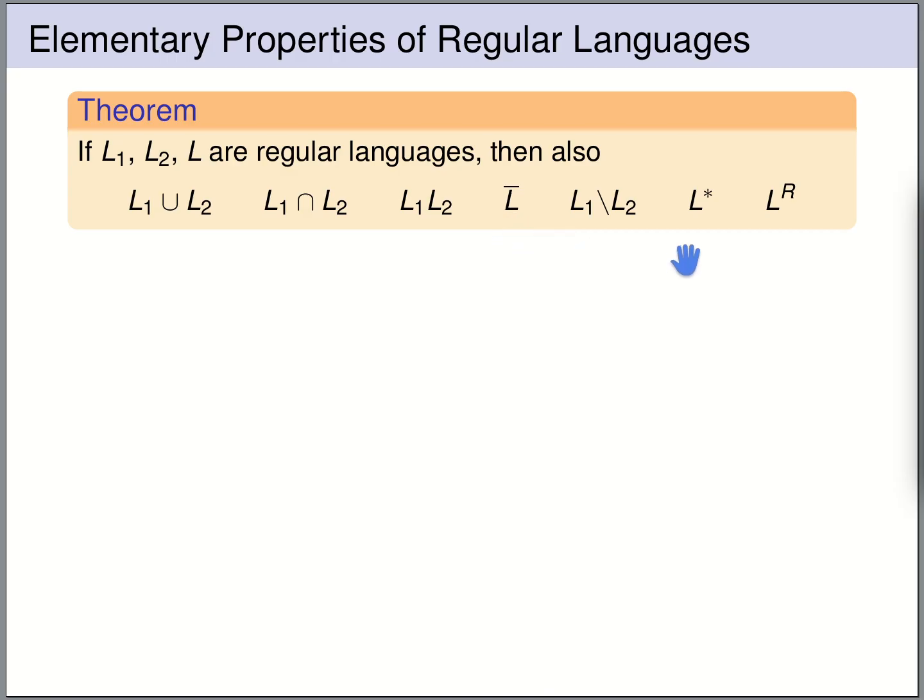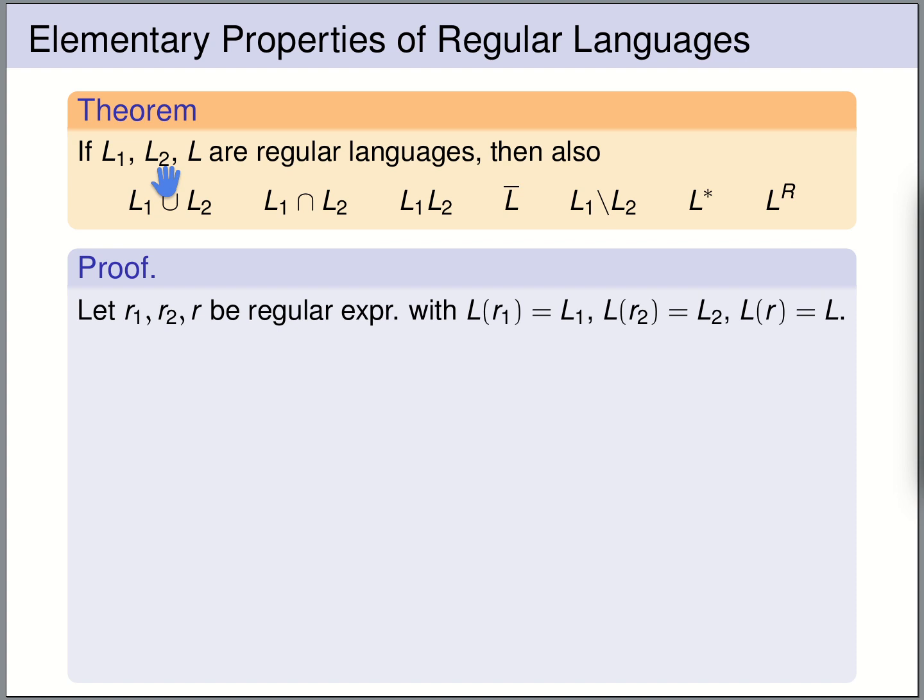We've used non-deterministic finite automata to show that the reversal of a regular language is regular again. For many of these properties, there are very simple proofs using regular expressions. So let's have a look at that.